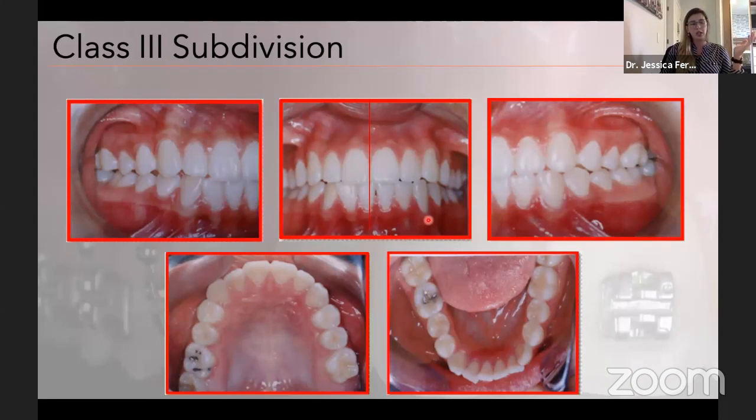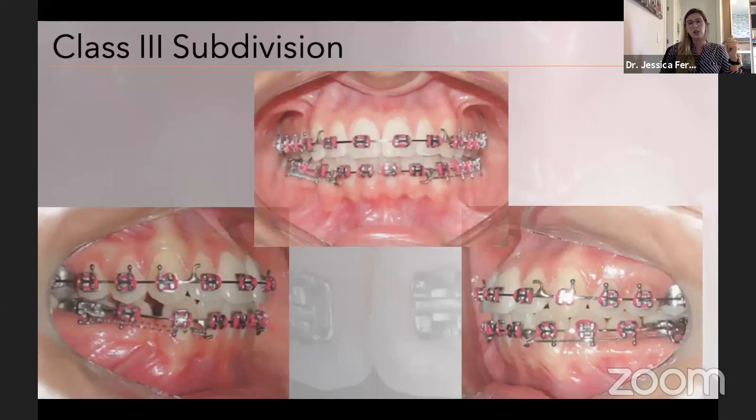So a good strategy to treat this patient was the extraction of one premolar at the class 3 side. So when we are closing the space of the premolar extraction, this will provide the correction to the class 1 and the dental midline deviation.